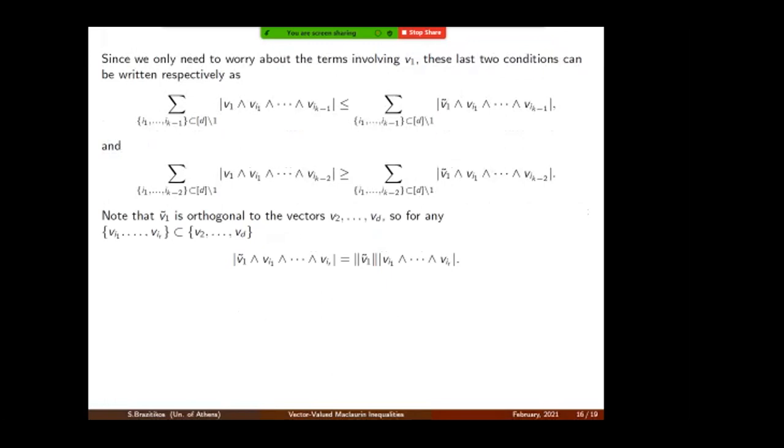So if we take any r vectors of v2 up to vd, and we take the wedge product of v1 tilde with the other r vectors, then since v1 tilde is orthogonal to them, this is exactly equal to the Euclidean norm of v1 tilde times the wedge product of v_{i1} up to v_{ir}.